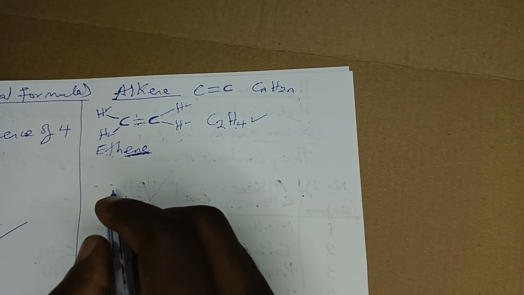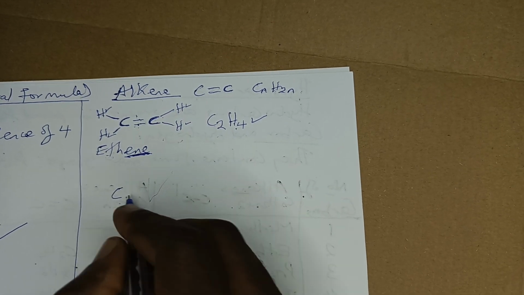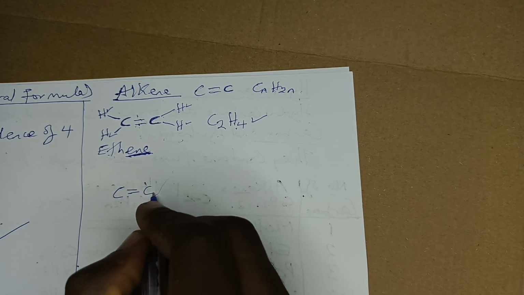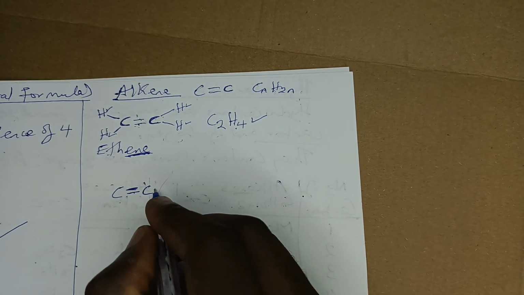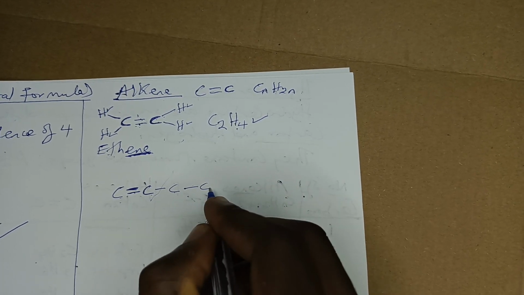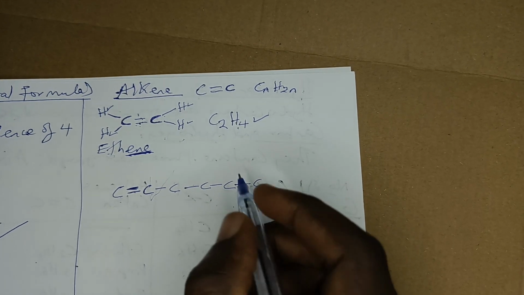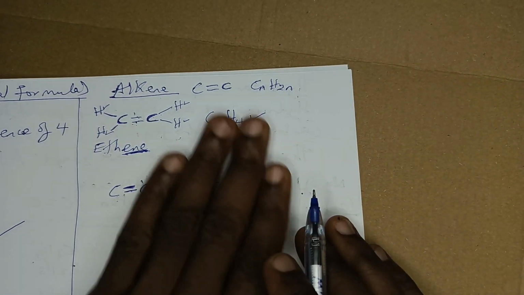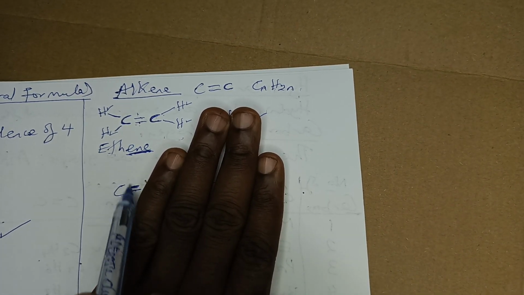Let's check another one, hexene. 6 carbons. 1 double bond to another carbon, but this time around every other bond will be single. So 1, 2, 3, 4, 5, and 6. Now, checking through this, when we cover this, it means we have 2 bonds already.